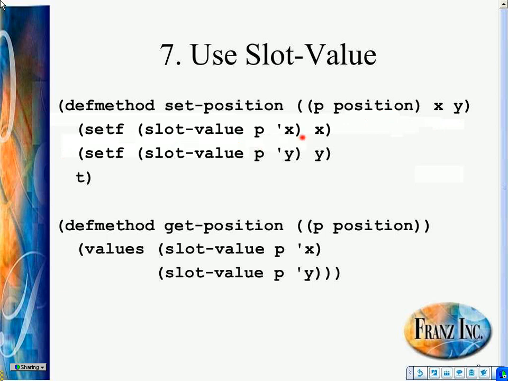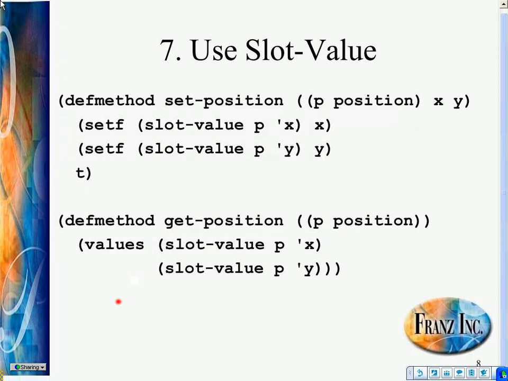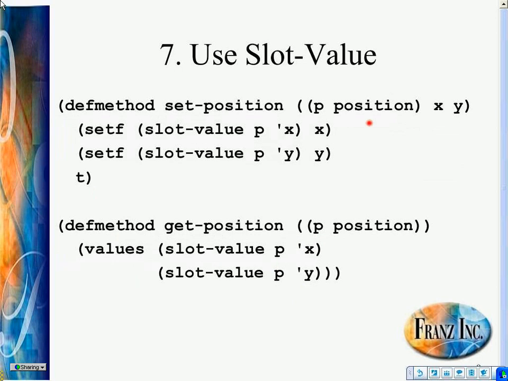And it sets the x slot of the position to x and the y slot of the position to y, and then it returns t. And we also have get-position, which takes a position object, and it returns as multiple values, that's what values does here, the values of the x and y slots.